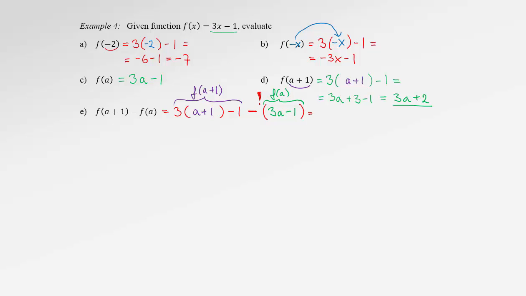Now what's left is just to simplify this expression. So we open all brackets: 3a plus 3 minus 1 minus, open bracket, change signs, plus 1. And we see that 3a can be reduced with the negative 3a and 1 with the negative 1, and we end up with just 3. So the overall answer for this difference of two values is 3.